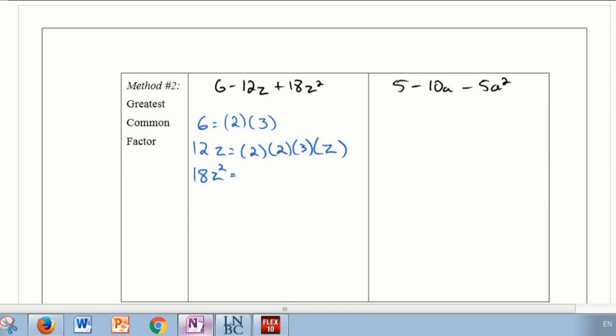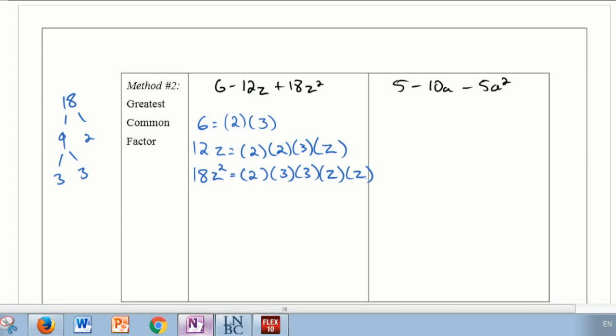If we look at 18, we break it into maybe 9 and 2, which is 3 and 3 and 2. So if I wanted to break 18 down, I go 2 times 3 times 3. In this case, it's z squared, so I have 2 z's. So that is breaking all of these things down into their prime factors.